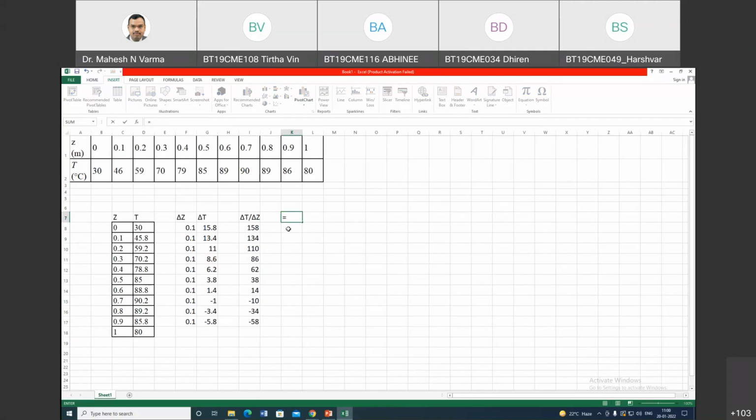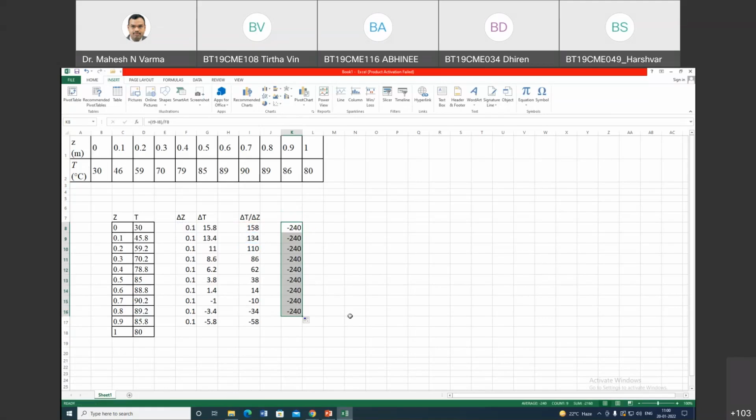So this d2T by dz square, you can consider this at y1, will be delta 2 divided by again this, minus 240.